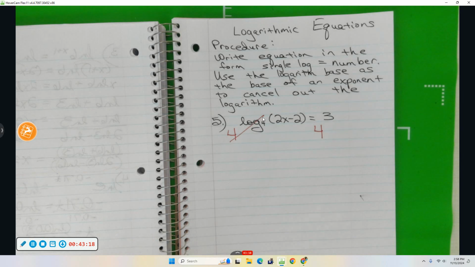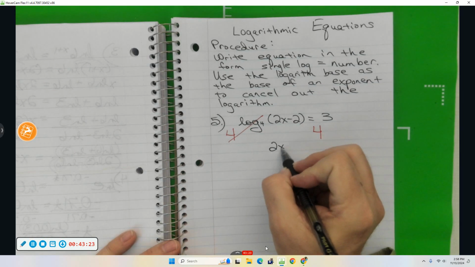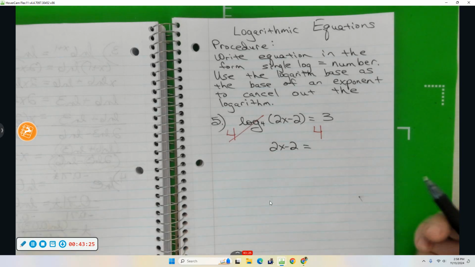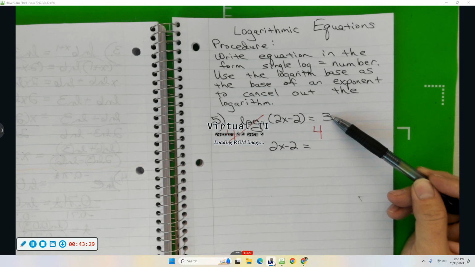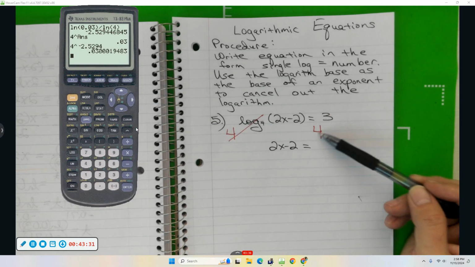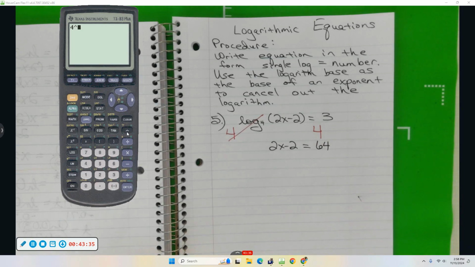They cancel out, leaving you just 2x minus 2. Now on the right it looks weird, but that's saying 4 cubed. 4 times 4 times 4 is 64. Any questions on my logic there? If you punch it into your calculator, you see 4 cubed is 64.